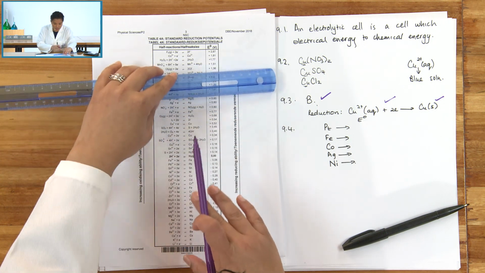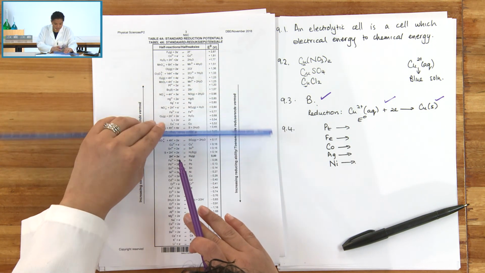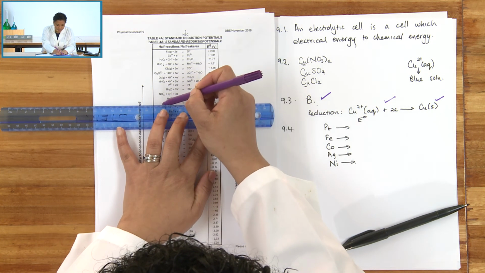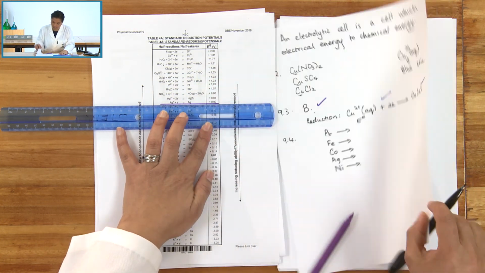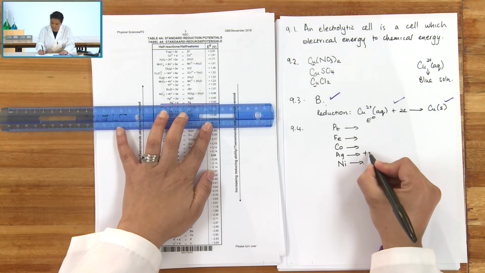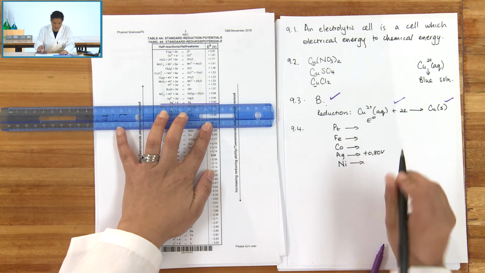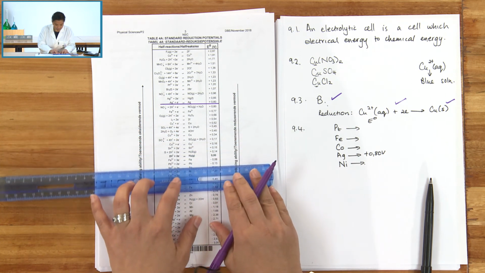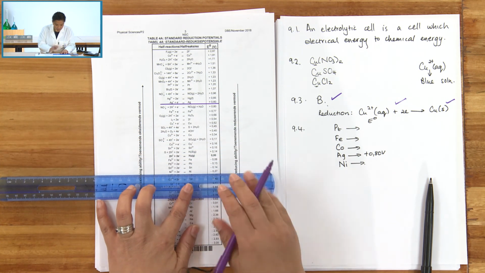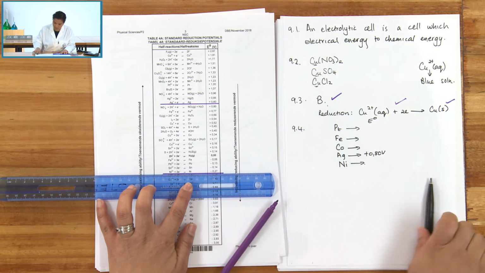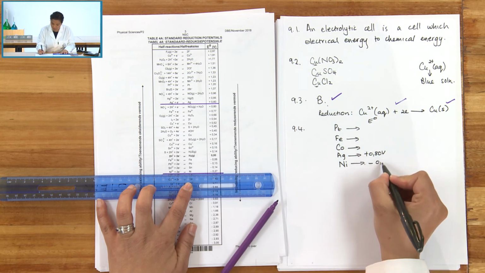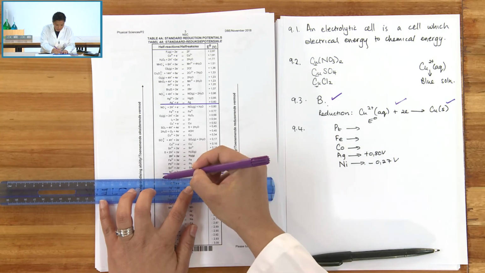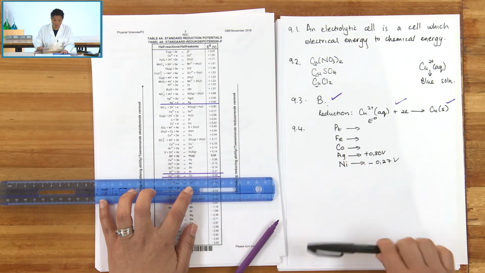So we've got cobalt. Yeah, I found silver. So I can write silver there as positive 0.80 volts. Platinum. I've got nickel there. It's negative 0.27 volts. Cobalt's underneath it there from table 4A.